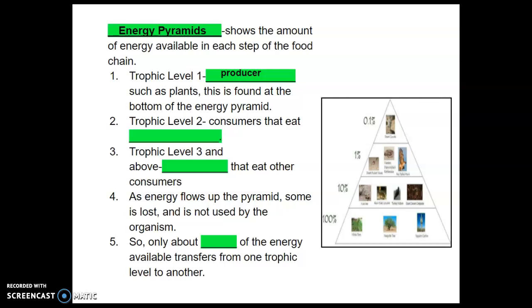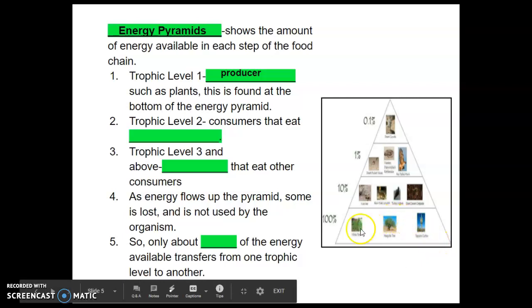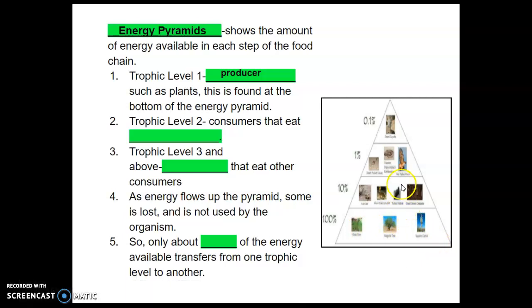This is found at the bottom of the energy pyramid. It's at the very bottom down here where you find producers. Trophic level 2 would be right here, and this is the trophic level 2, consumers that eat producers.